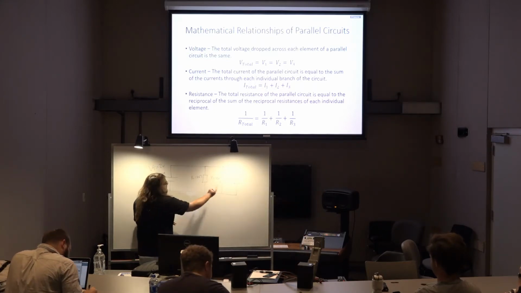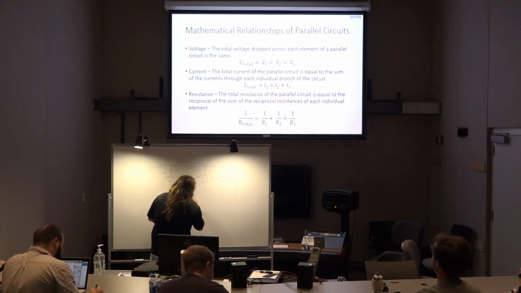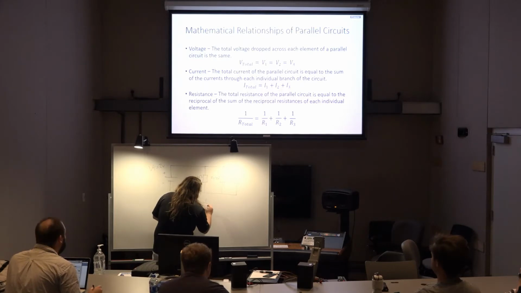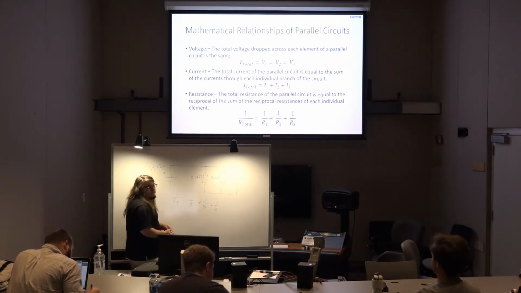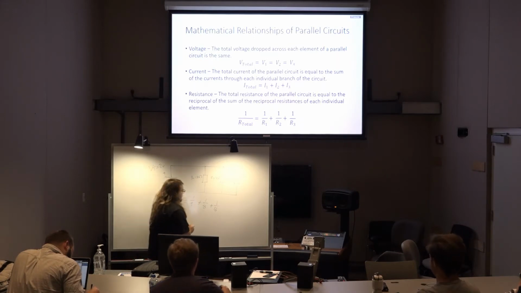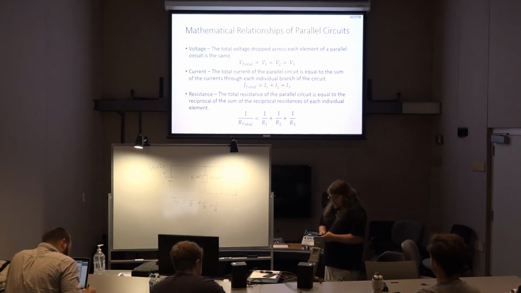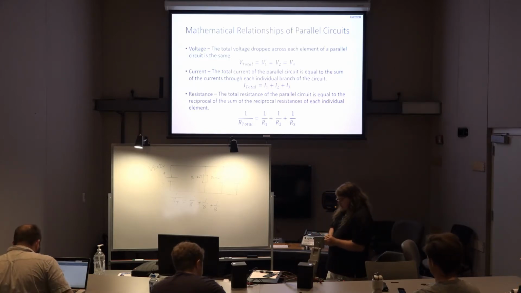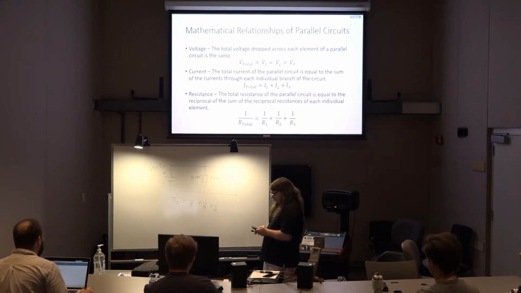So, if we have 1/8 plus 1/8 plus 1/16, and that's equal to 1 over RT. If you all want to find that out for me and put it into Socrative, that'd be wonderful.